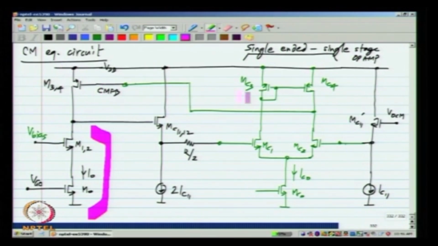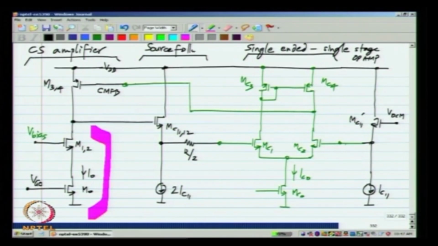So, basically M34 acts like a common source amplifier, and the output of the common source amplifier goes to a source follower MC11 and 12. It has a series resistance R by 2, but let us now act as though it is not there, or assume that the frequencies are so low that no current flows through R by 2, because it is connected to the gate.